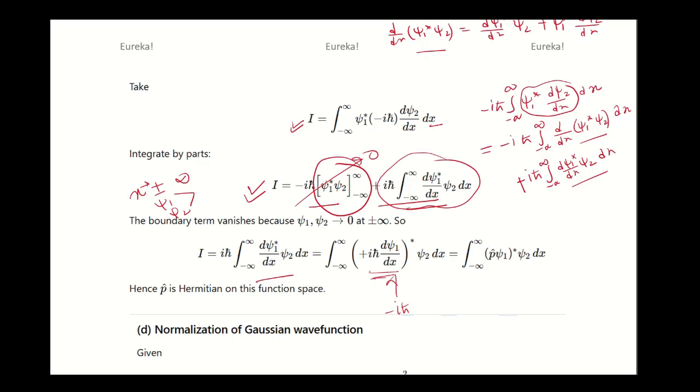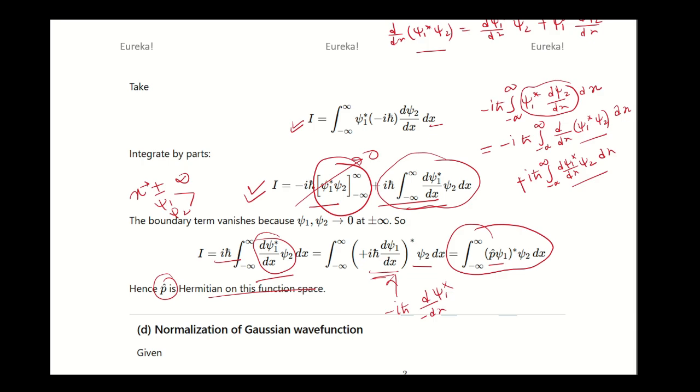There is a negative sign also, so that is minus dx and then psi 1 star. This minus and minus become plus, so we get this term as a whole. After a small rearrangement, we get this form, that is p psi 1 star psi 2. So this implies that p is Hermitian.